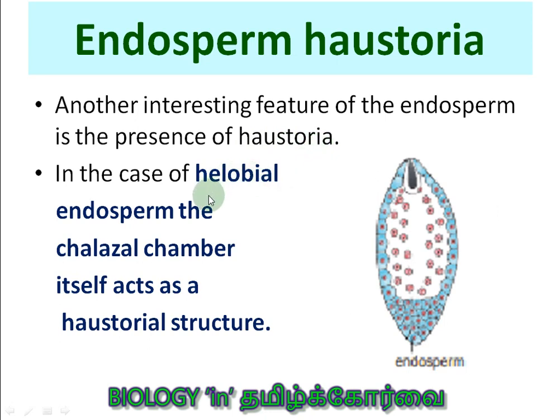In the case of helobial endosperm, which we have already learnt in the previous videos, we can see the two chambers. One is the micropylar chamber where the free nuclear endosperm is present, and this is the chalazal chamber where the cellular endosperm is present.